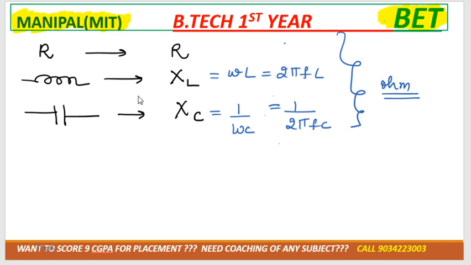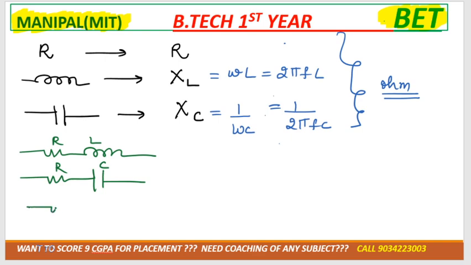Okay, after this, what if we have a combination of R and L, a combination of R and C, and a combination of R, L, C, because these are loads and any combination we can have.